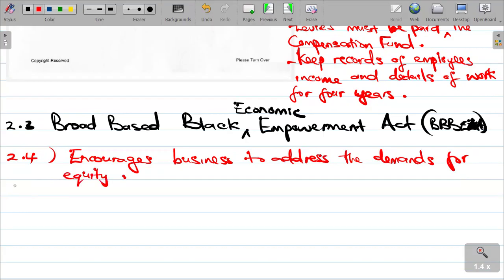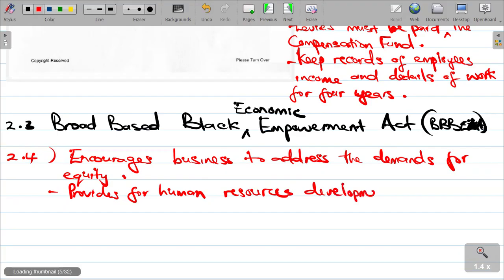Right. It also provides for human resources development through training and development.